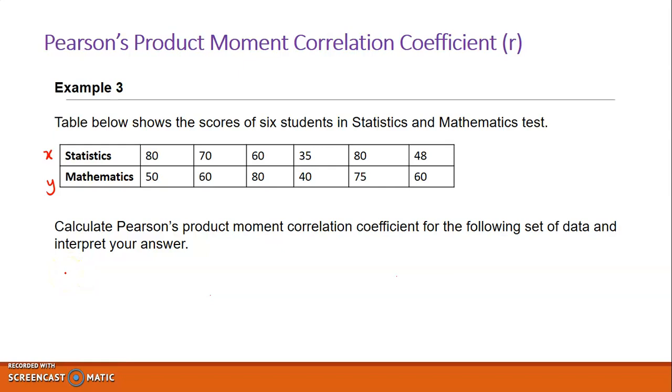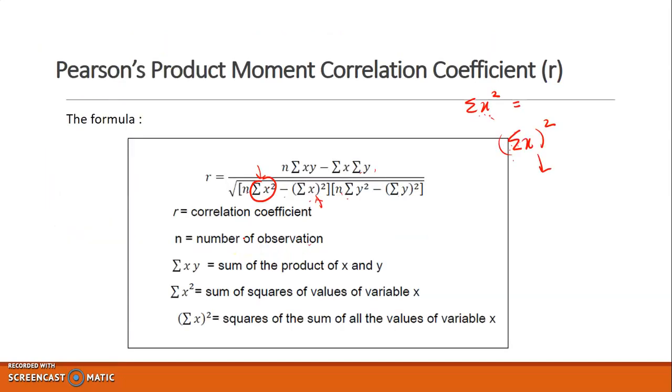So now you need to find out the R value. How to find the R value? Using this formula here. In this formula, you must have the total xy, total x square, and then the total y square.